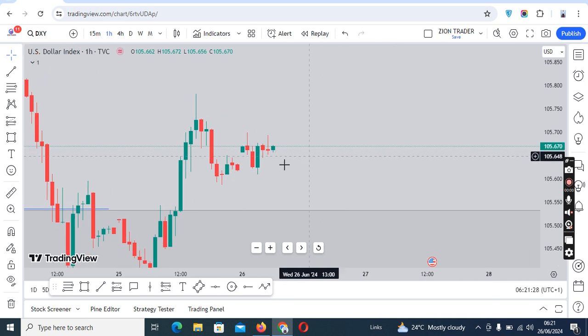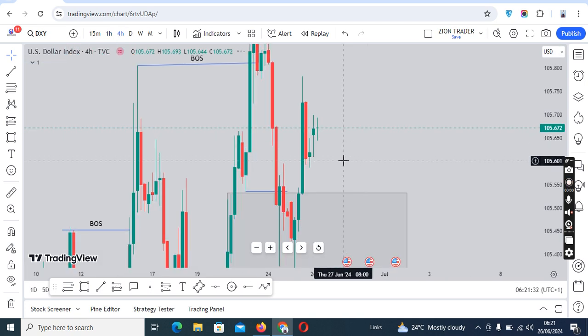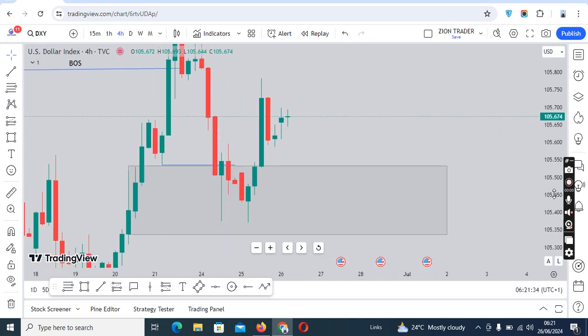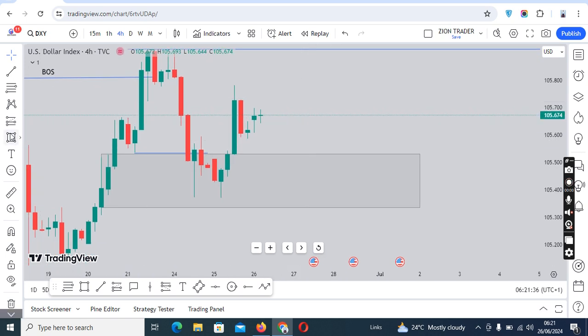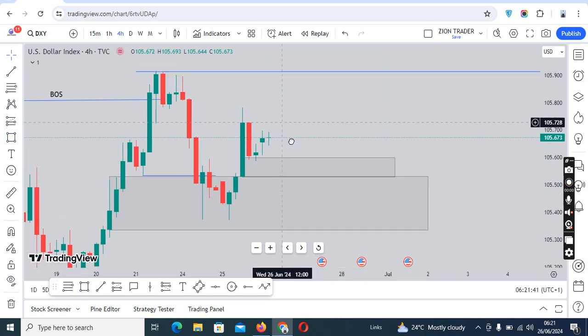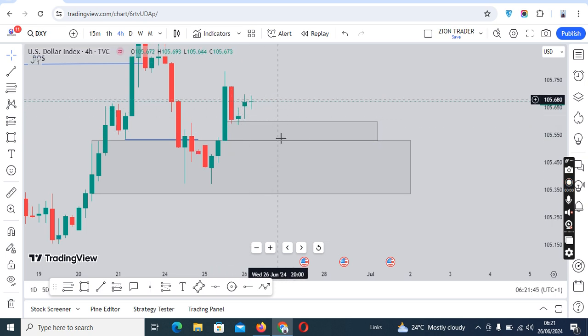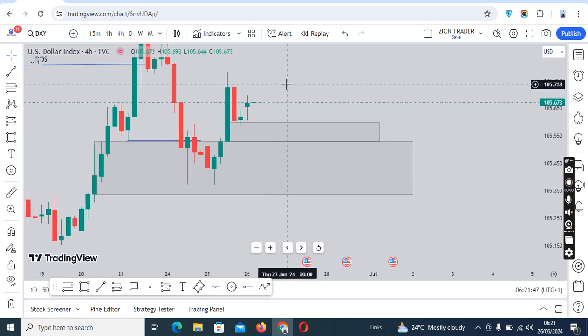I'll just fold my hands. I won't be doing anything, because there's nothing for me to do unless price fails to take out this high, and then maybe trades back into this fair value gap, right? From here I might be looking for another opportunity to sell again.